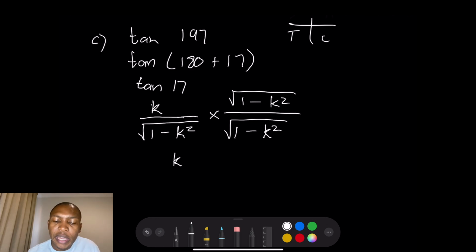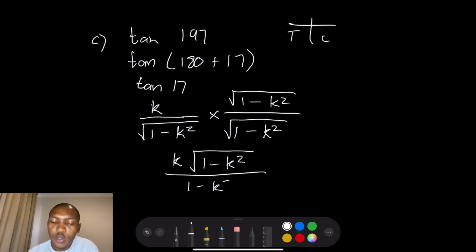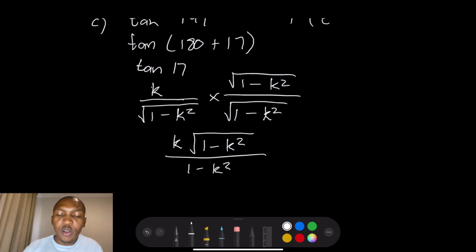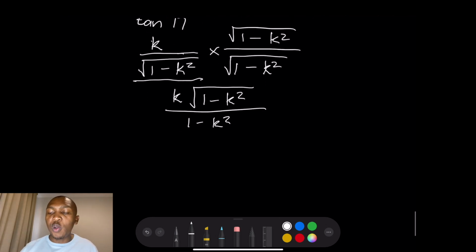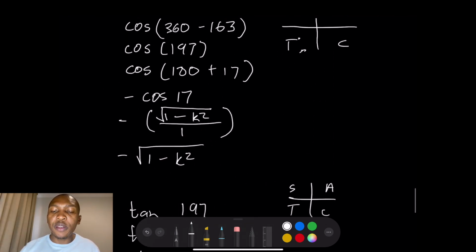You end up with k multiplied by the square root of 1 minus k squared at the top, divided by, at the bottom, 1 minus k squared. This is you trying to remove the surd at the bottom. But I'm just going to leave it there. There was nothing wrong if you left your answer exactly there. We'll talk about rationalization in future.